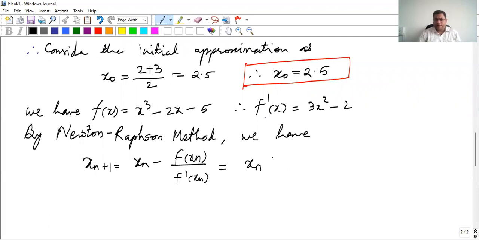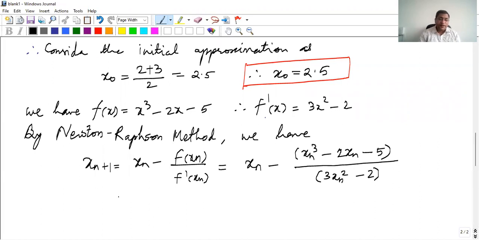So we can write this as xn minus f of xn, so it is going to be xn cube minus 2xn minus 5, this term divided by 3xn square minus 2. Simplify this.